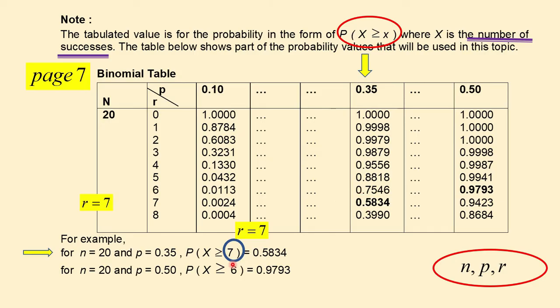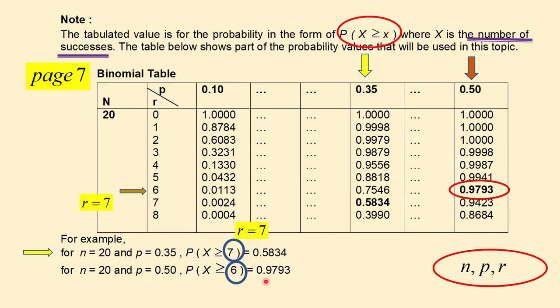Now we continue with the same value for n, that is n equals 20, but the value for p now is 0.5. So, probability for x more than or equal to r here is 6. You intersect the value for r equals 6 and the value for p 0.5, and you will get the probability 0.9793.